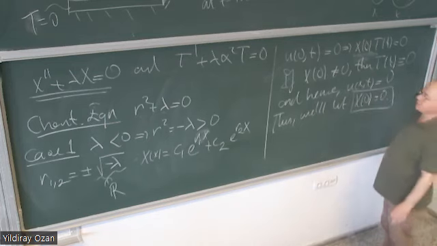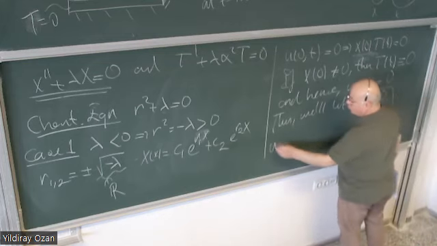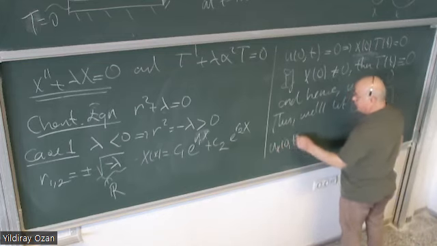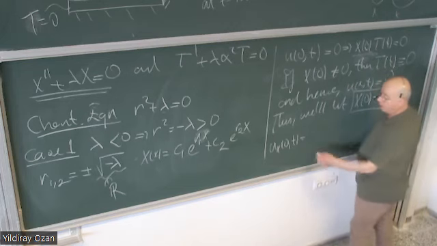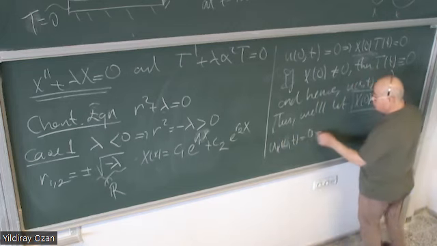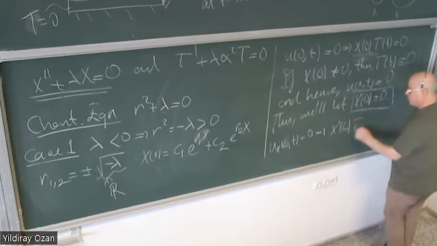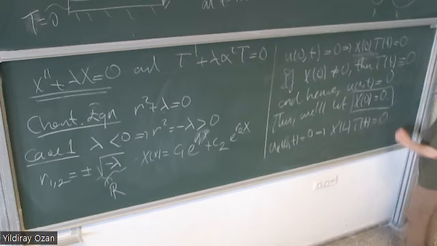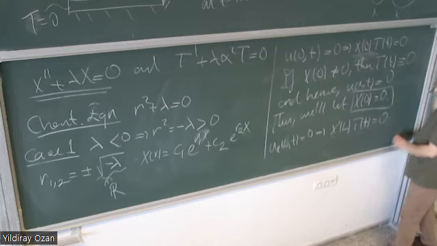What about the second condition? u_x(L,t) equals 0. Şurası L olacak. Özür dilerim. Bu zero'ydu. So this means X prime L times T of t is 0. And the same thing is true. If this is not 0, then this would be 0, and so on.